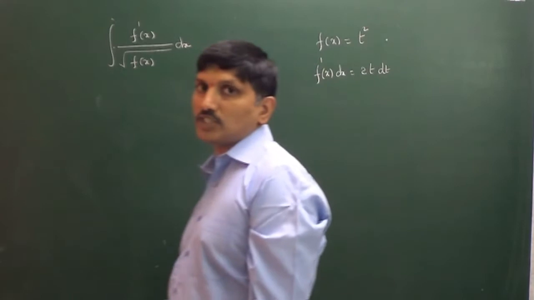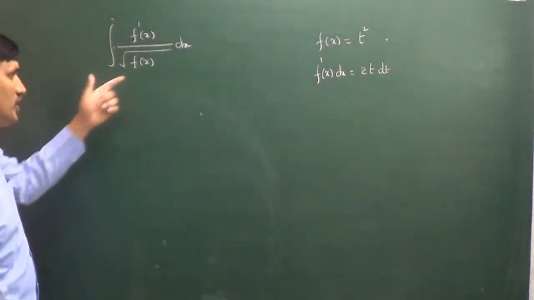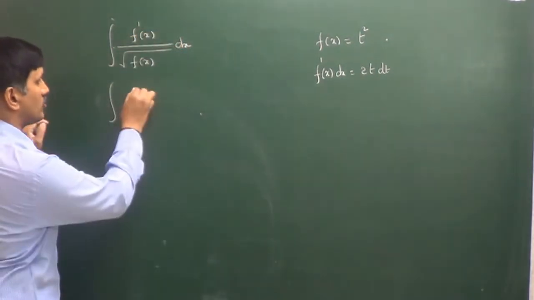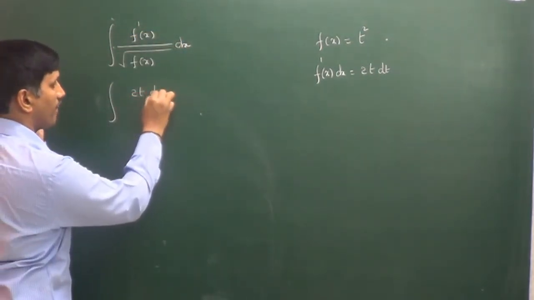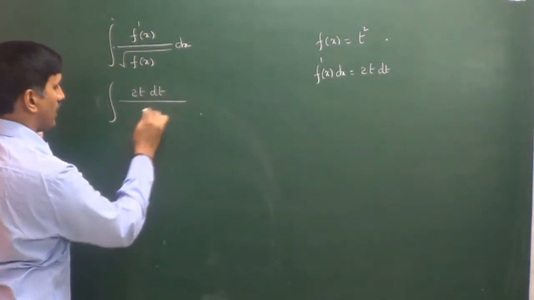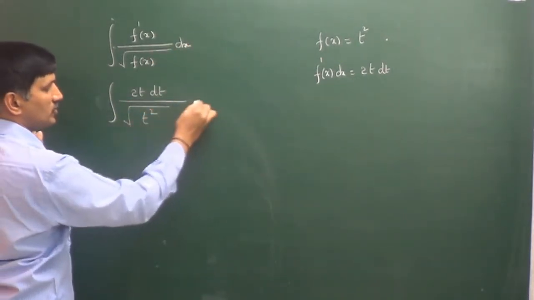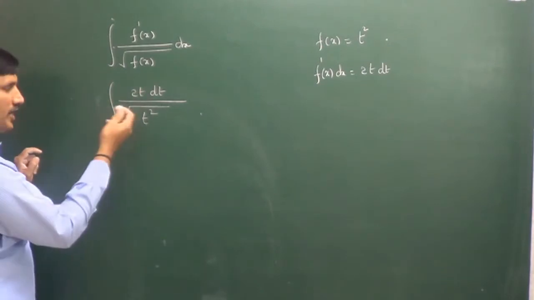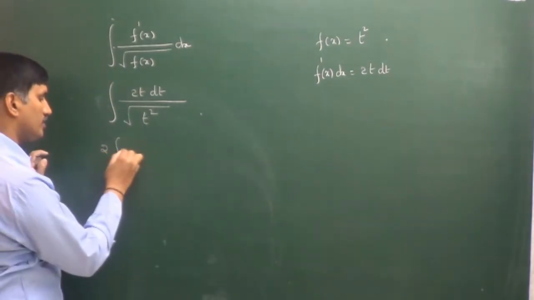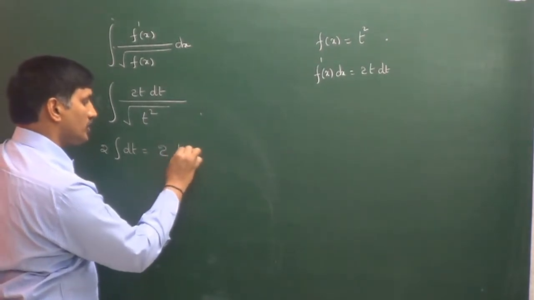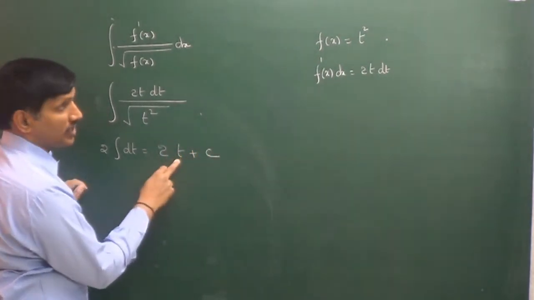Now because of that substitution, how does this question change? In place of f dash of x dx, we write 2t dt, divided by root of, in place of f of x, we write t square. Now t cancels, and we get 2 times integration of dt, which equals 2 into t plus c. What is t?